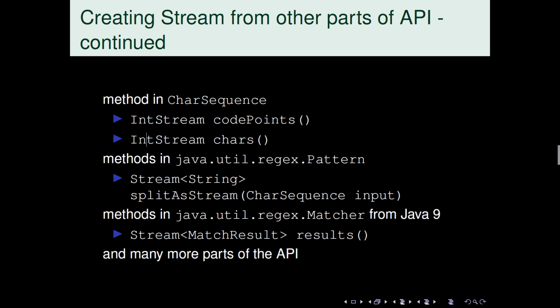If you have done regular expressions, then there also we have methods to return a stream. I've just stopped here and said, and many more parts of the API have methods to return a stream. So stream is one standard place, and given a stream, we have a standard way of processing multiple values.